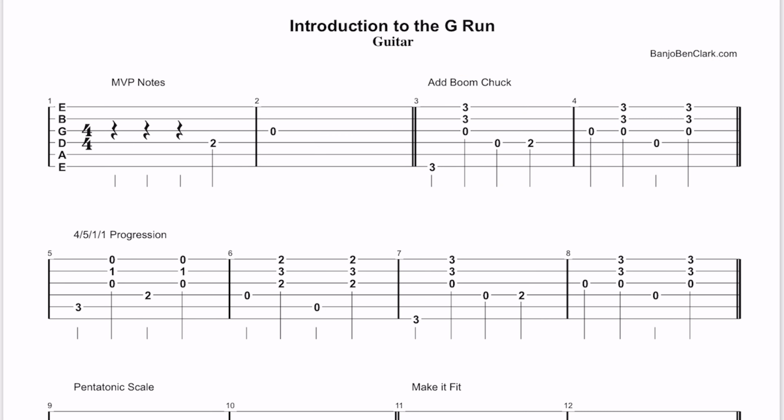So we're going to do boom, chuck, and then we're going to play another bass note here, like we normally would. And typically, we'd have another strum right here, wouldn't we? But instead, we're going to play that boom, or that first part of the MVP notes, and then start our next measure with that top of the G run, and then resume our rhythm. Let me let you hear how that sounds.